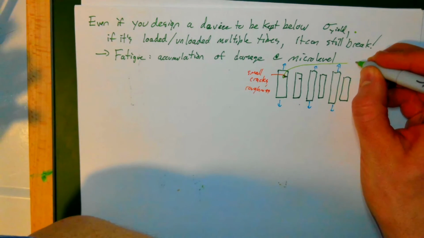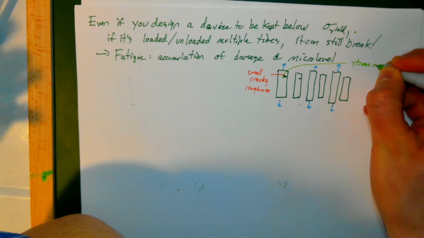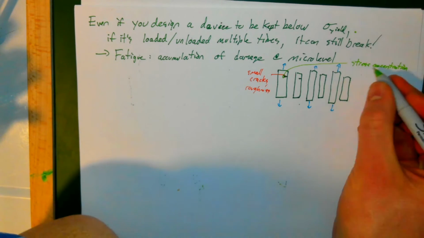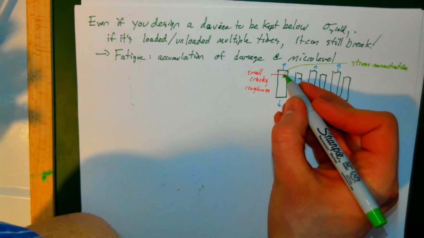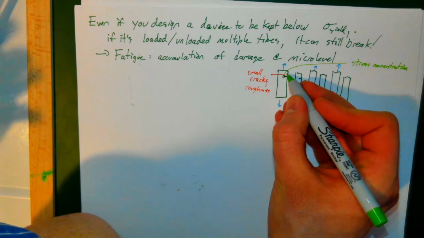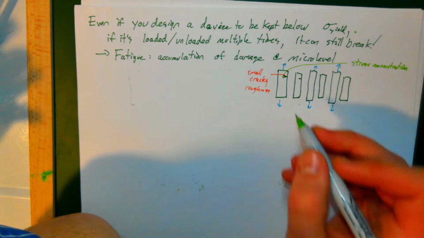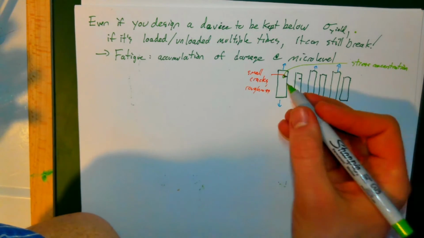There's stress concentration, which we talked about last lecture. If you remember, the stress has to get steered around that crack and it bunches up, leading to a local high intensity of stress right at the tip of cracks.